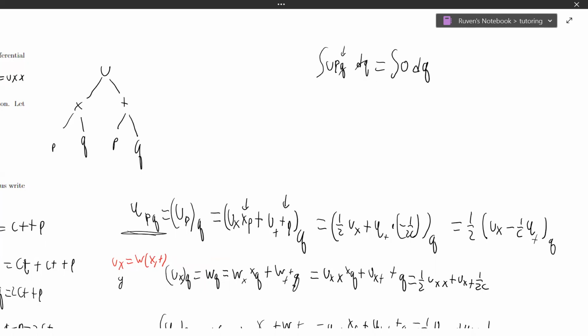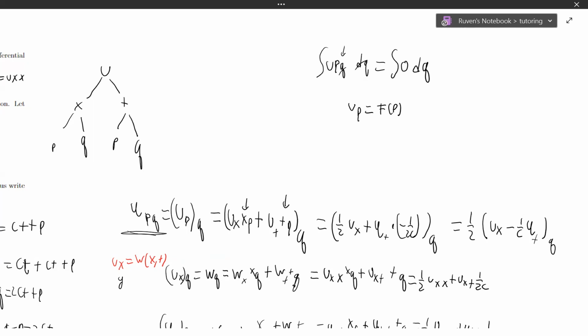The q and the dq cancel out, like we remember from last term, because a derivative and integral cancel each other out. So we get up, the partial derivative of u with respect to p, is equal to fp, where f is an arbitrary function.